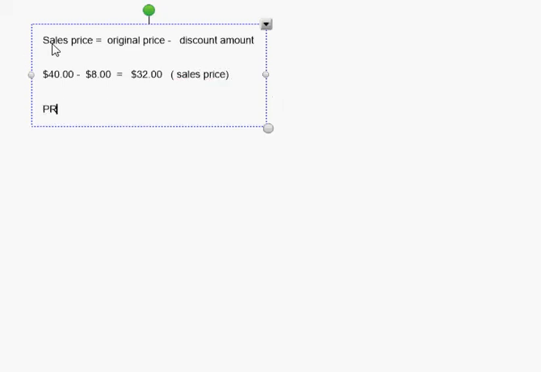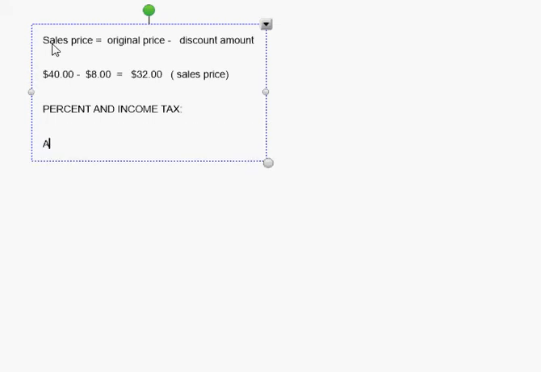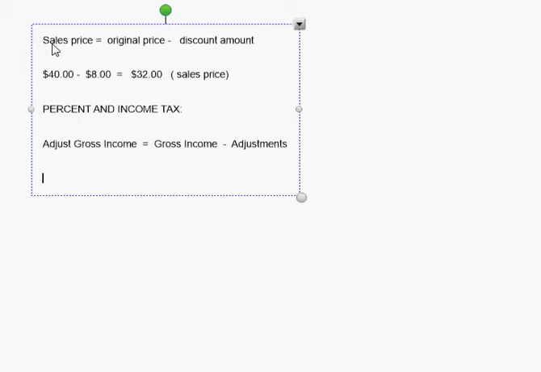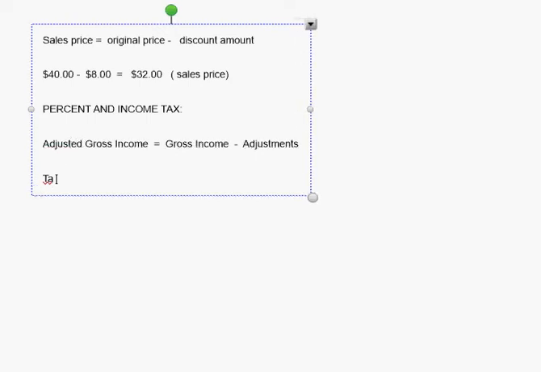Now, percent and income tax. Adjusted gross income equals gross income minus adjustments. What is taxable income?